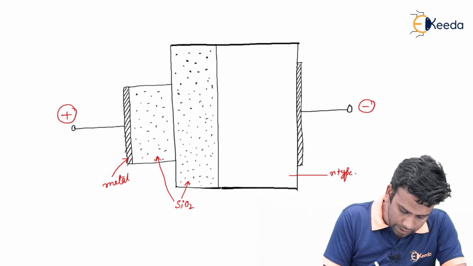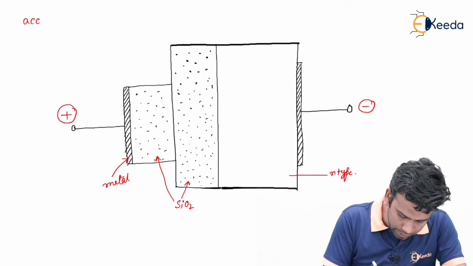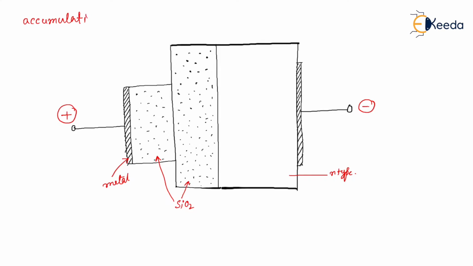So we are discussing the accumulation mode of the MOS capacitor using an N-type substrate.